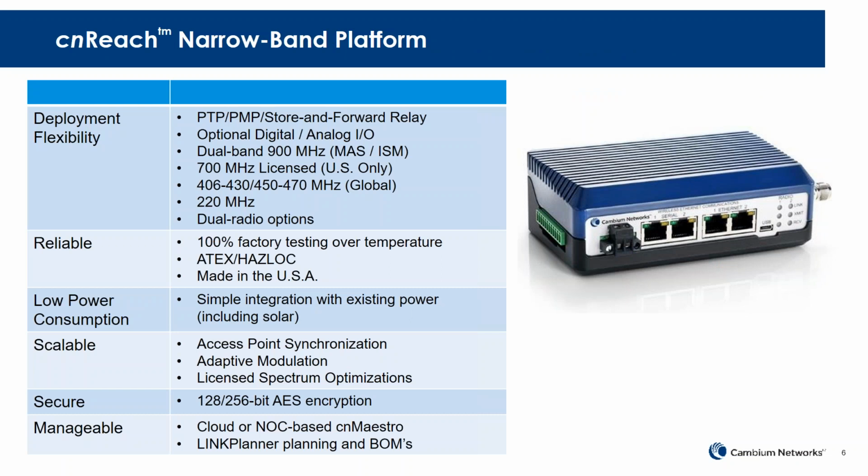So our cnReach platform, you can see a picture of it here. I'll give you a couple of the highlights of the platform itself. The product can be deployed as either a point-to-point, point-to-multipoint, or a relay application. In the relay application, it can be deployed as either a traditional store and forward application, meaning you've got one radio and it's talking sometimes east and sometimes west.